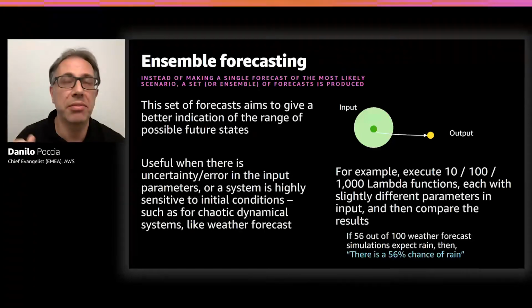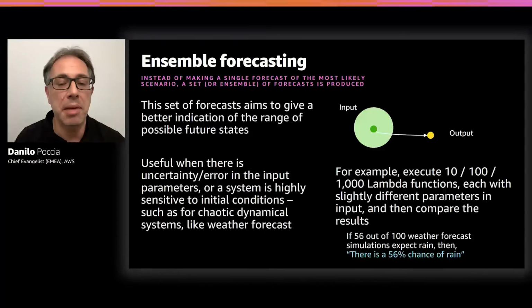So this is a classic example of weather forecast. But the same applies to any other method. Maybe you have a way to estimate the churn, so the possibility of a customer leaving your platform, using a machine learning inference platform, but you're not 100% sure of the input data. You don't know how sensitive this machine learning inference is to input data.